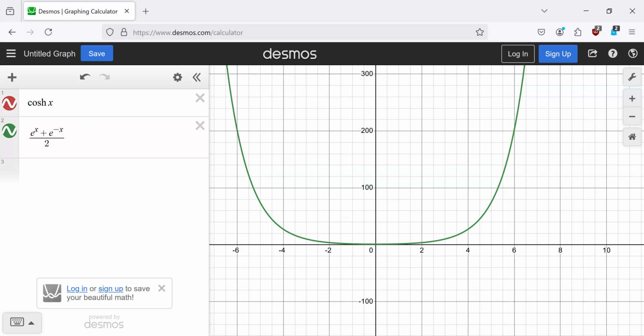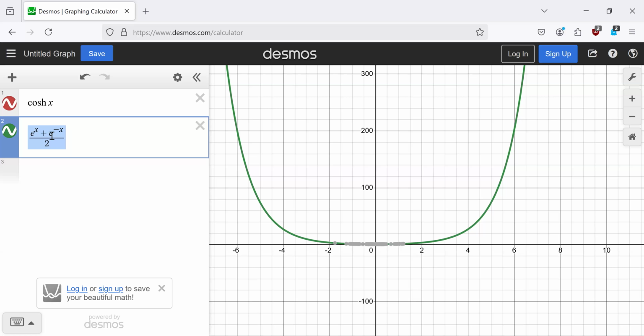So the hyperbolic sine and the hyperbolic cosine sometimes seem like they should be similar to the sine and the cosine, and sometimes they seem like they should be completely different. They're defined in a kind of similar way, but they're also defined in terms of e to the x.